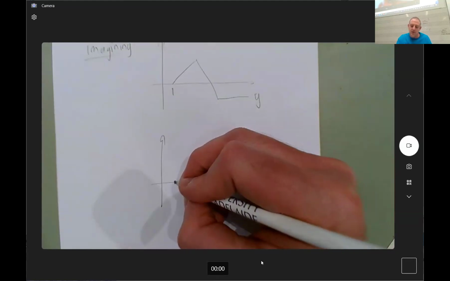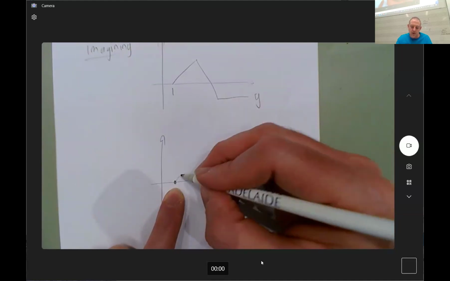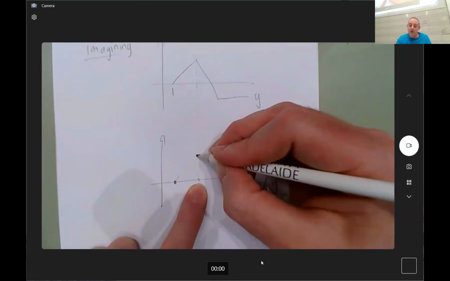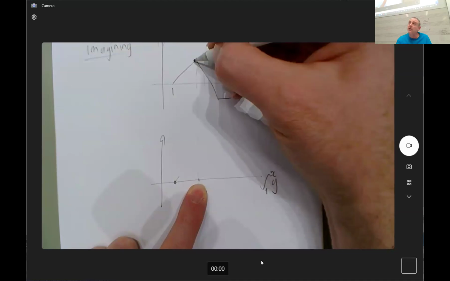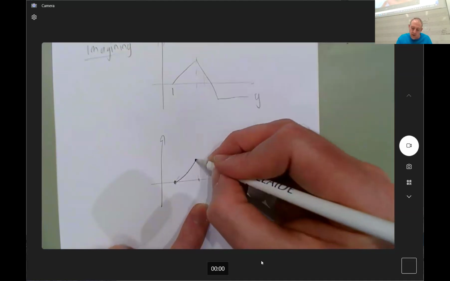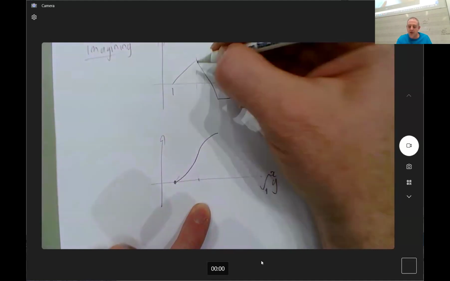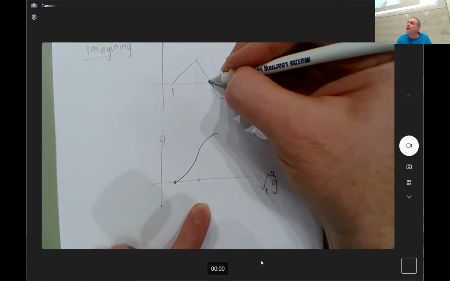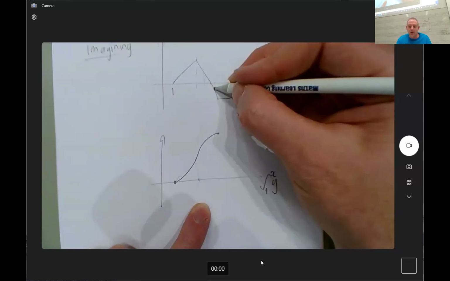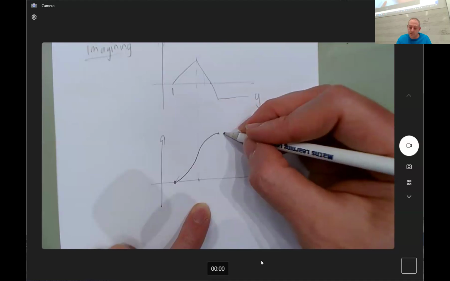Then at 1, the answer would be 0. And then the integral would increase until we got to this point. But it would still be increasing at this point because the area is still above the x-axis. So it would go like this, and then it would go like this, because it increases slower and slower until at this point it stops increasing, and we start adding negative areas, and so it's going to start decreasing now.